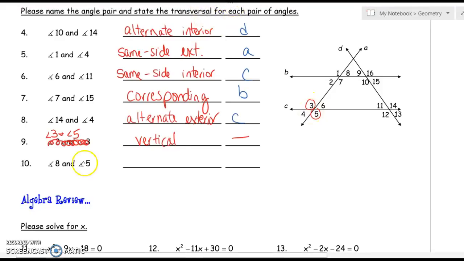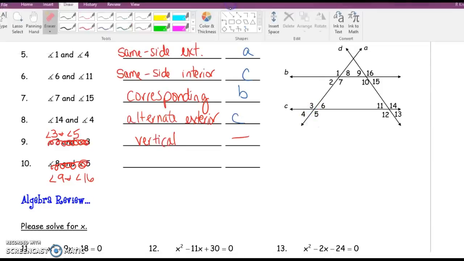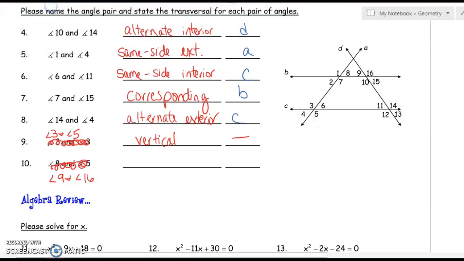All right, and then the last one that I wanted to cover is angle 9 and angle 16. If you look at angle 9 and angle 16, let me erase this. We've got angle 9 is here, angle 16 is here. Those 2 angles are right next to each other. Once again, this is not one of the special ones that we just learned about today.